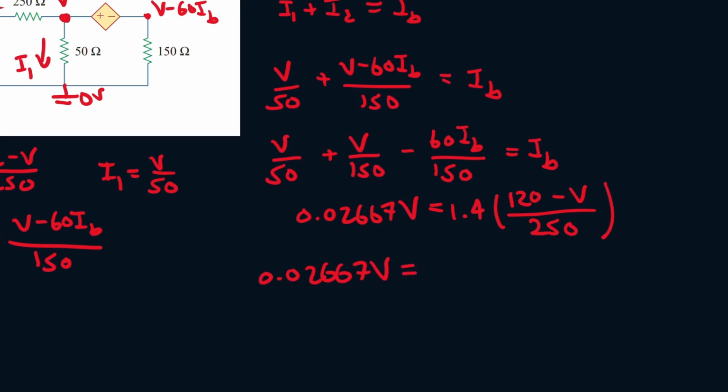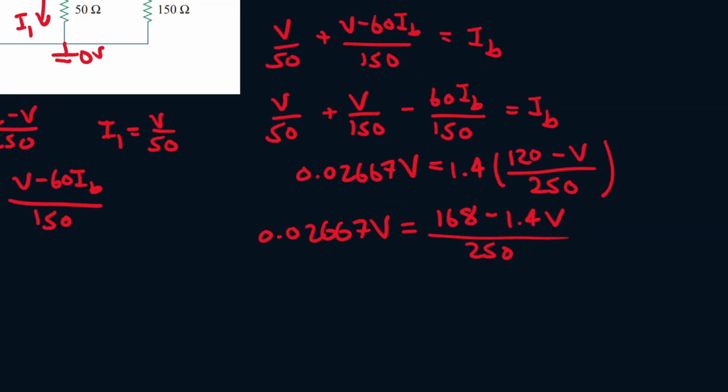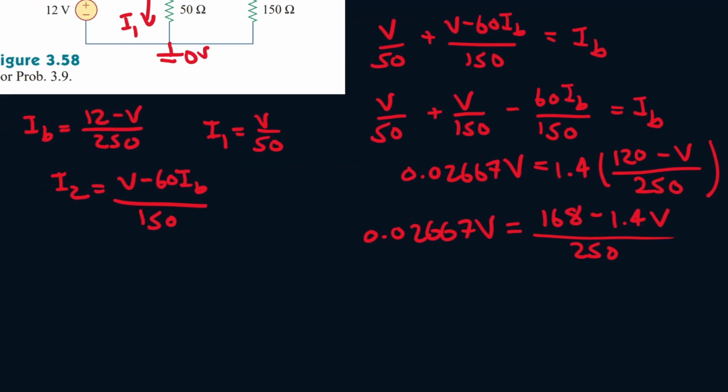So 120 times 1.4, that's 168, minus V times 1.4, so that's minus 1.4 times V all over 250. Wait a minute, sorry, it's not 120, it's just 12. My mistake. So it's 1.4 times 12, which is 16.8.